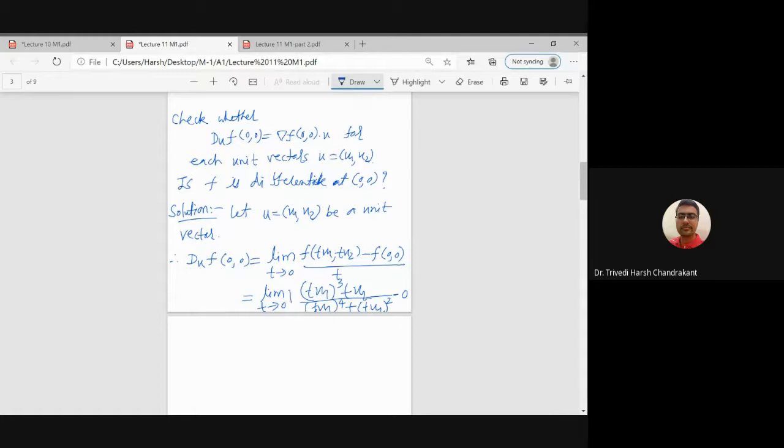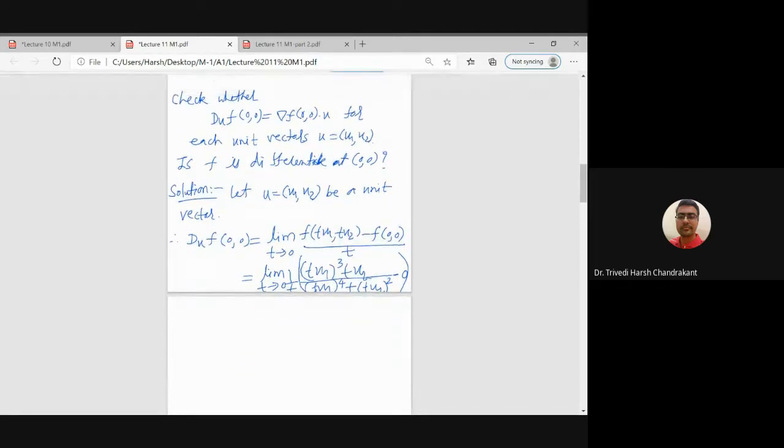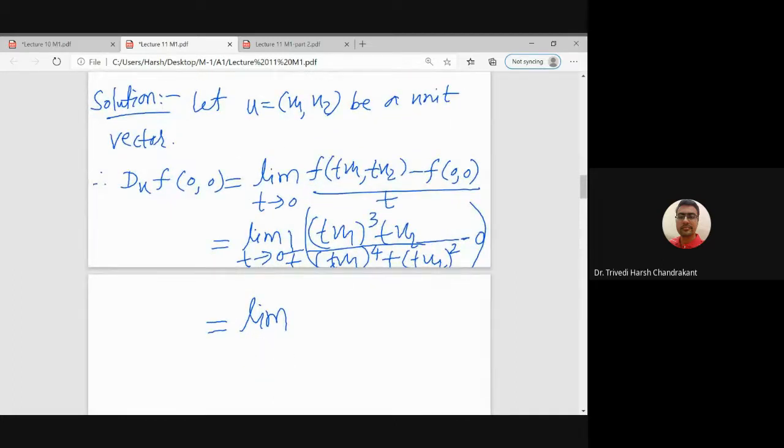So this is what we get by simply substituting the function in the definition of the directional derivative. Now we will further simplify this. It becomes the limit as t approaches 0 of: we get t power 4 in the numerator.